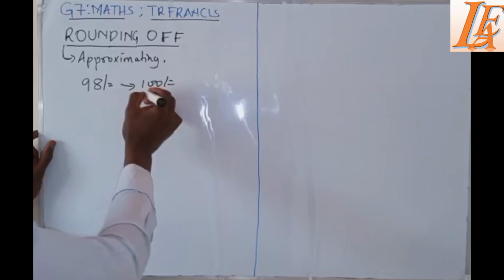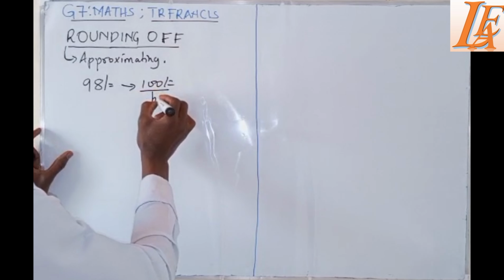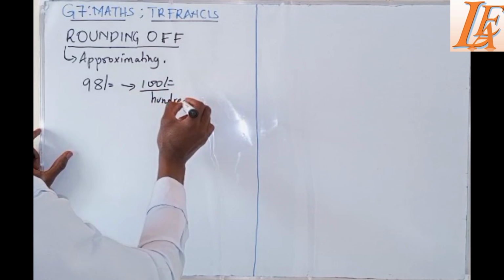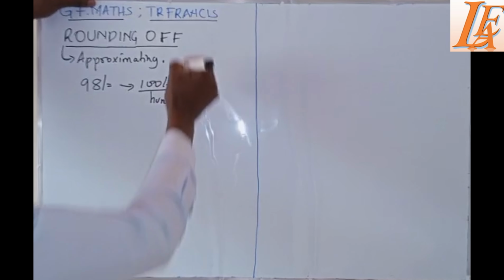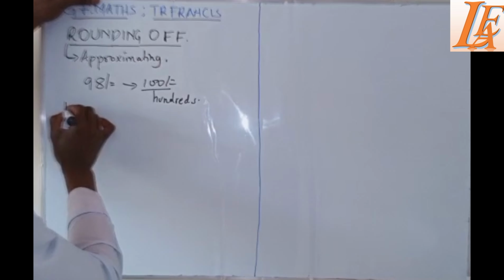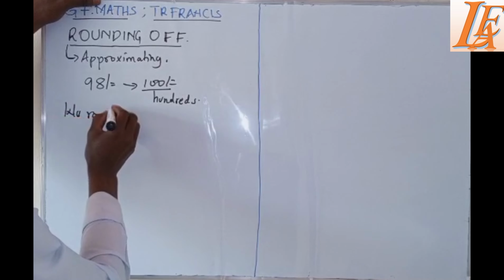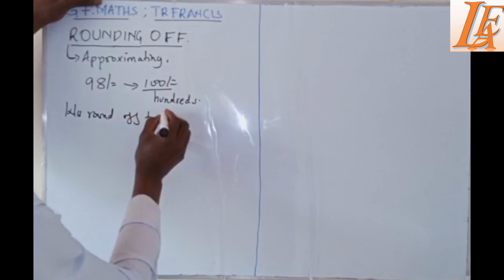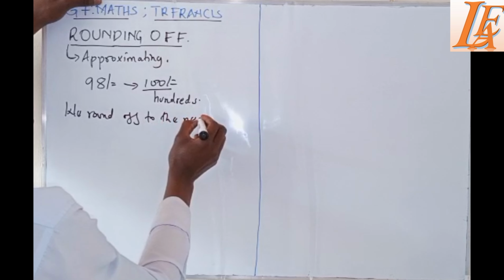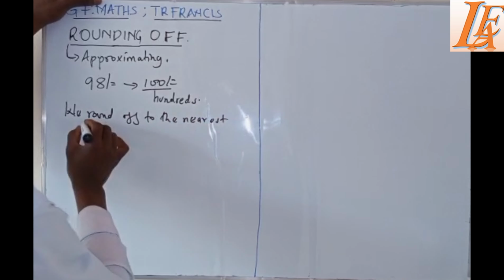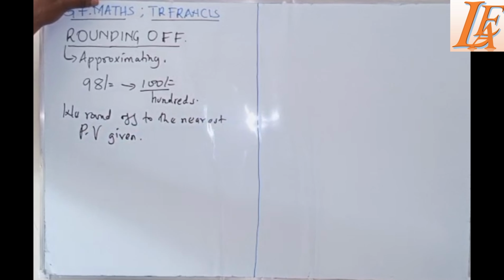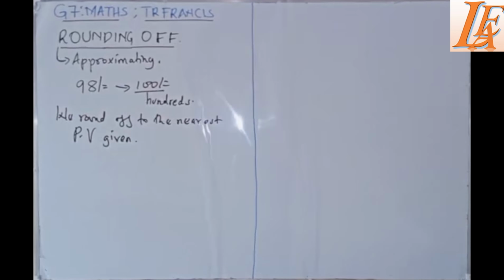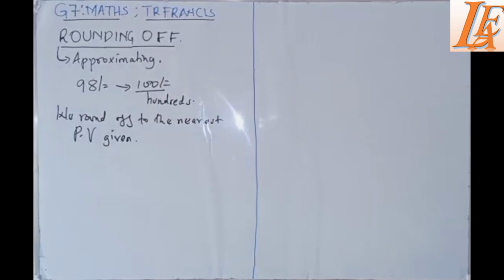Now, this 100 shillings, in terms of place value, is called hundreds. Therefore, we are rounding off to the nearest place value given. So we may be told: round off 98 shillings to the nearest hundreds.